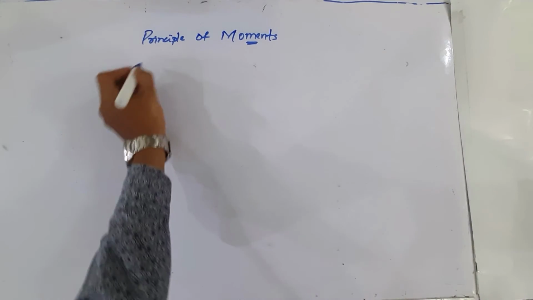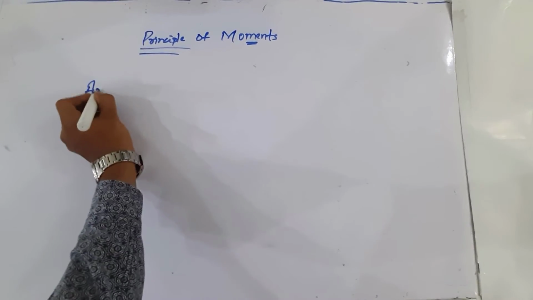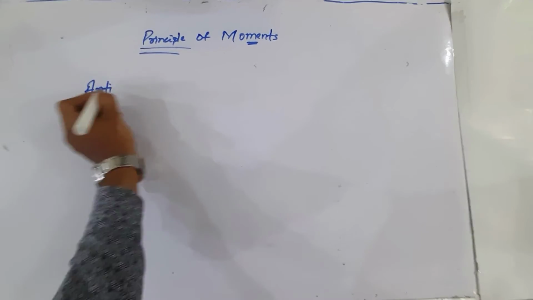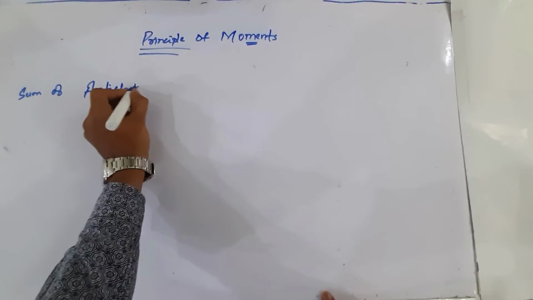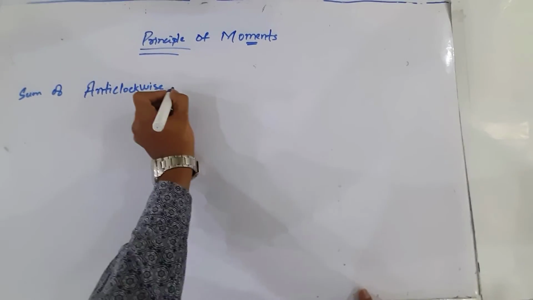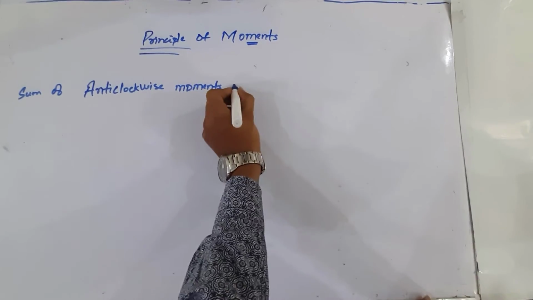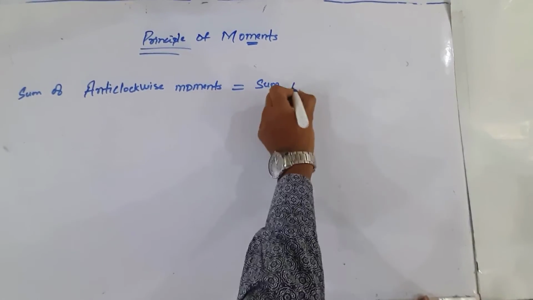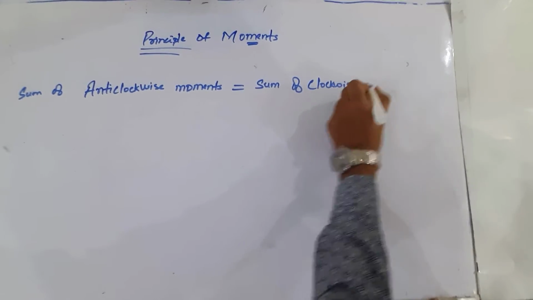So the principle of moments is: sum of anti-clockwise moments is equal to sum of clockwise moments.